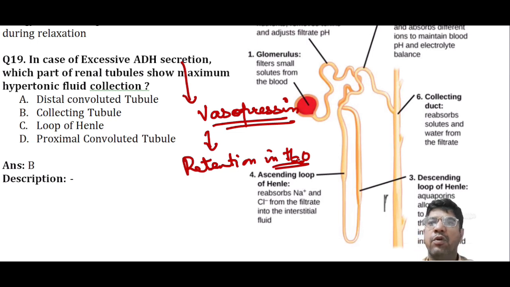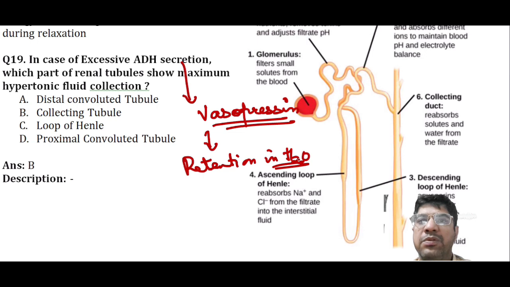So ADH, we know, is a hormone that plays a role in regulating the body's water balance. It acts on the kidney to control the amount of water that is reabsorbed from urine into the bloodstream. So excessive secretion of ADH primarily affects the collecting tubules.